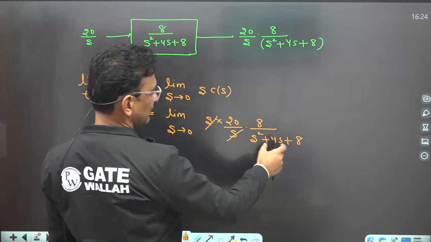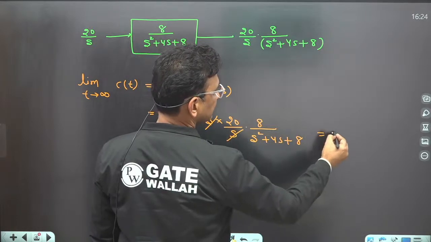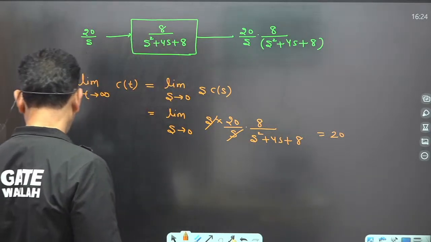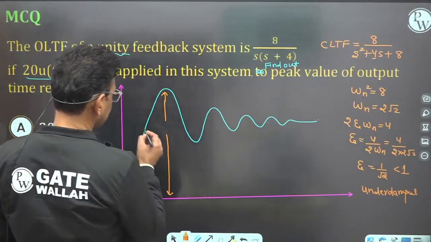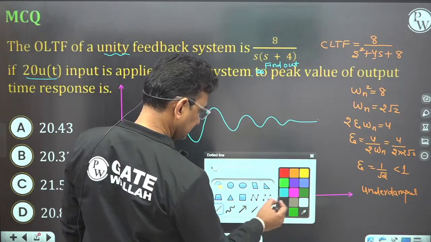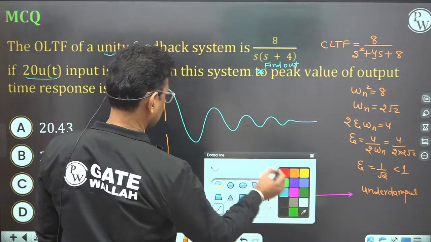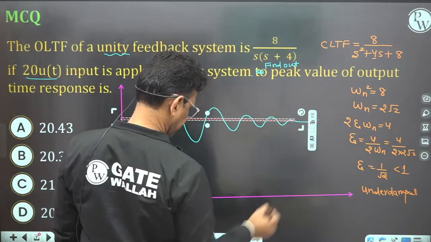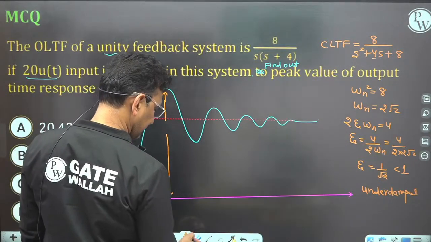If you put s equal to 0, you will get 20. So the steady state output is equivalent to 20 only. This is my steady state output, which is equivalent to 20. Clear?